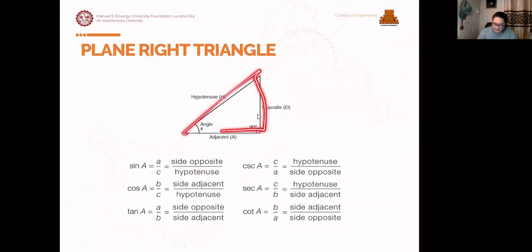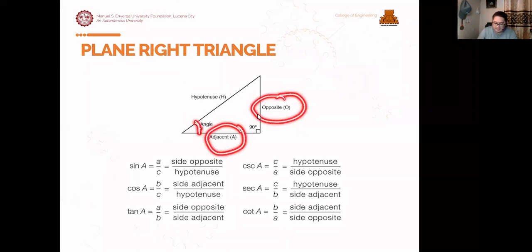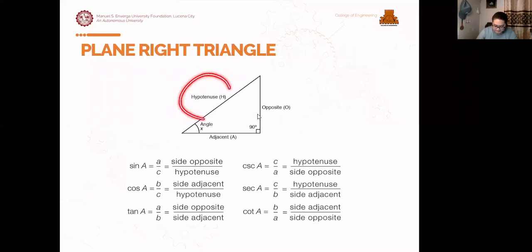So, we have a right triangle. Again, 90 degree to. Then, if we are considering this angle, ang adjacent nitong angle na to, sabihin kadikit niya, is itong side na to. Then, kapag tumingin ka ulit dito, ang opposite niyan is this one. And then, ang hypotenuse natin is always the largest or the longest side of the right triangles, which is ito yun.